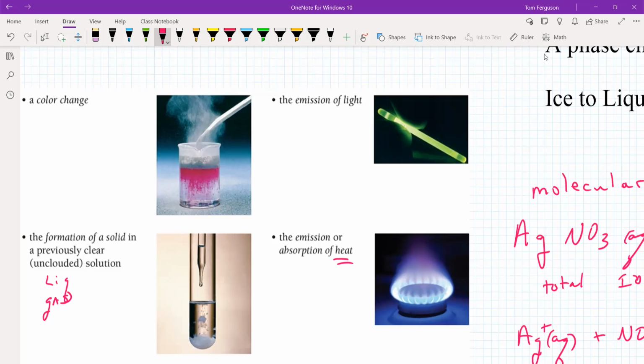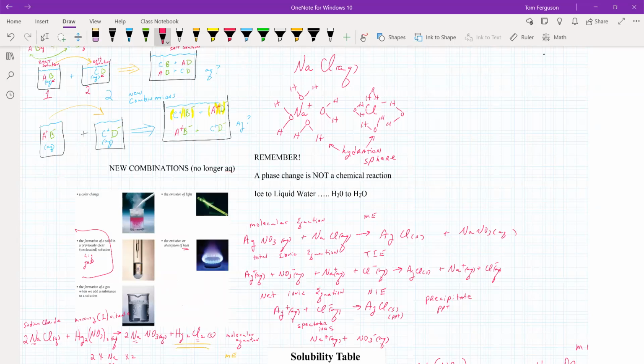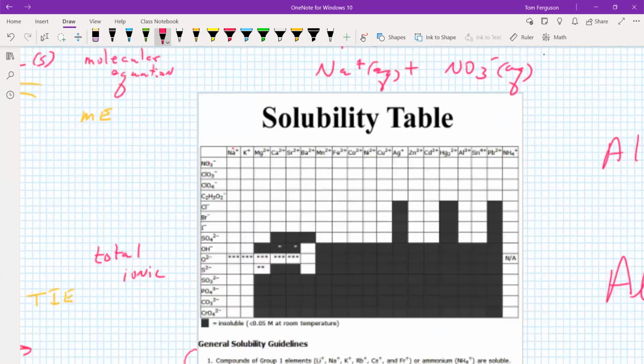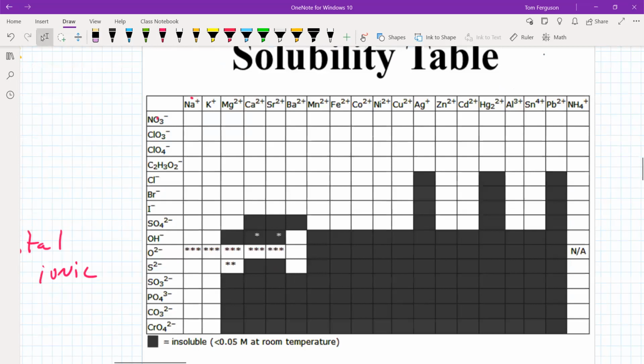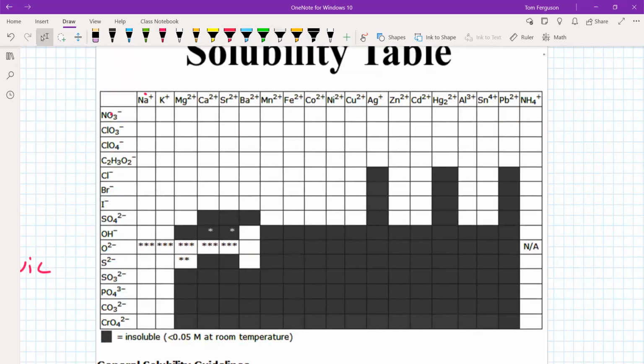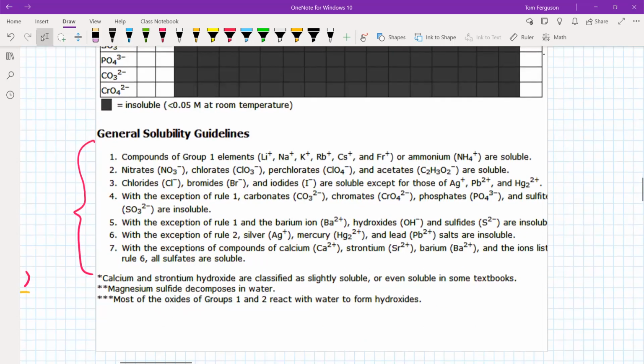Okay, let's go back to this here. It's tricky to predict without knowing much about this table. Now, when you go to 1A and 2A, you're going to have to memorize these 7 guidelines. And it's a pain.